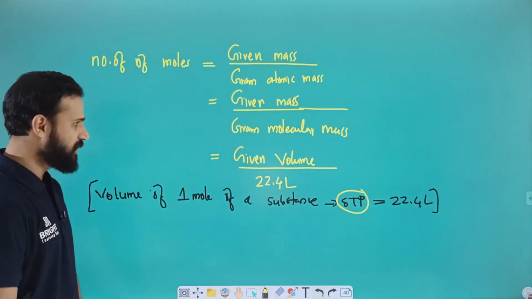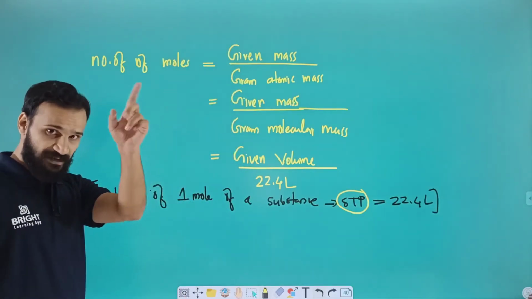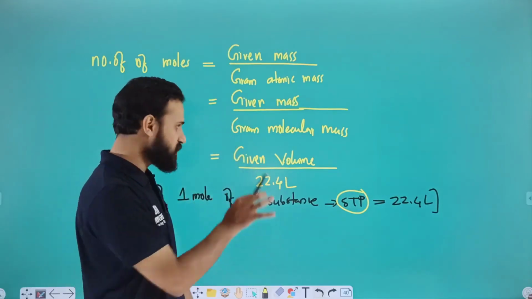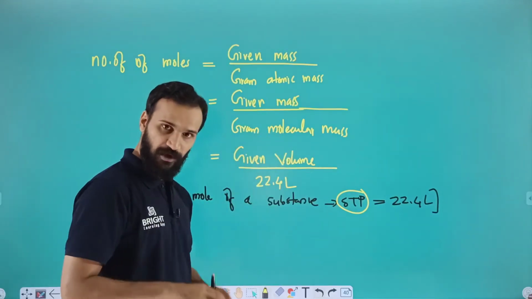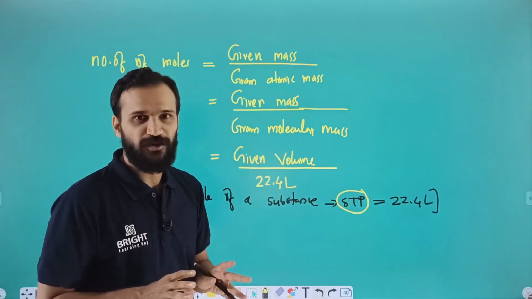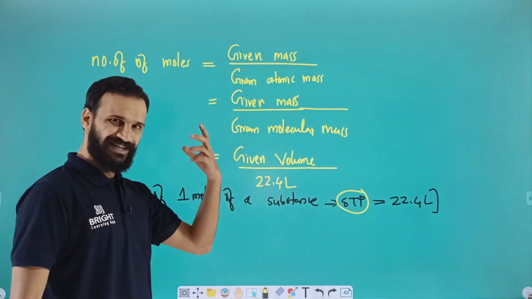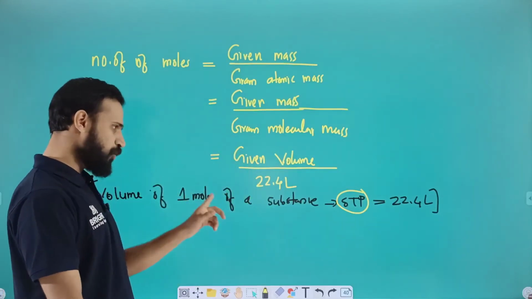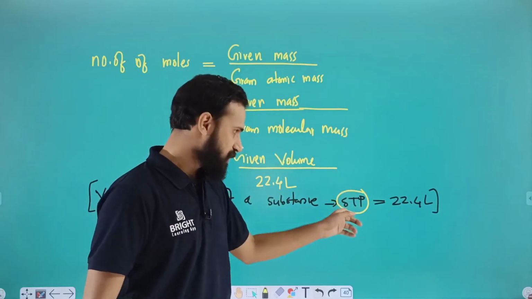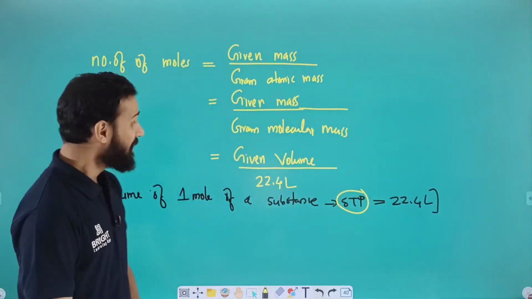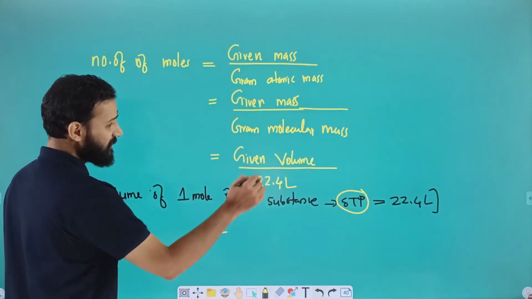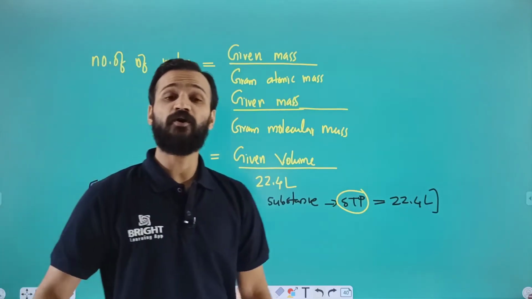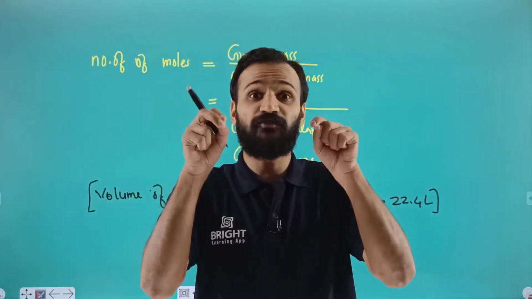I'm repeating, dear students, if the amount of substance is given in volume, we can use given volume divided by 22.4 liter to get the number of moles. Here 22.4 liter is nothing but the volume of 1 mole of a substance at STP, at standard temperature and pressure.